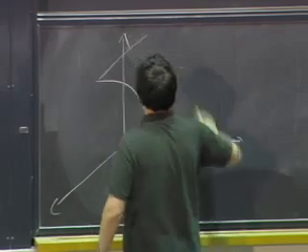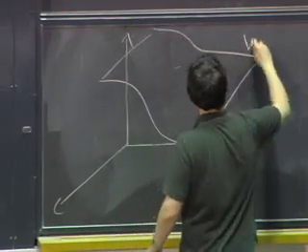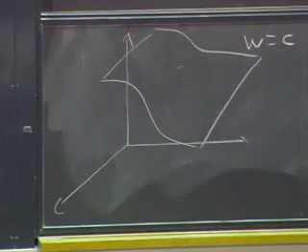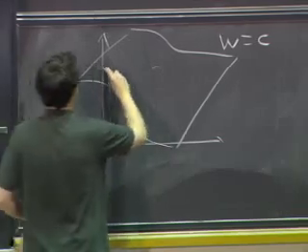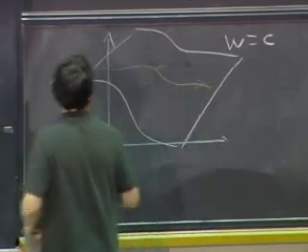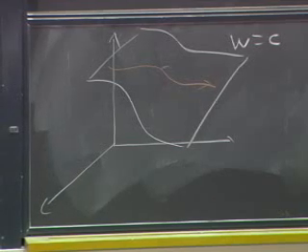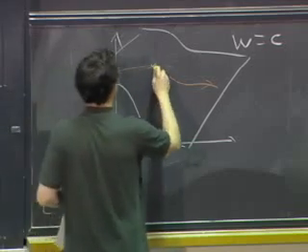So I have my level surface, W equals c. I have a curve on that. And at some point, I'm going to have a certain velocity.